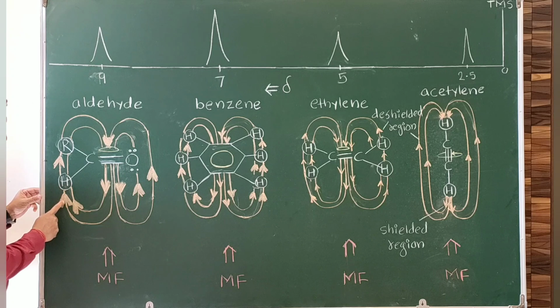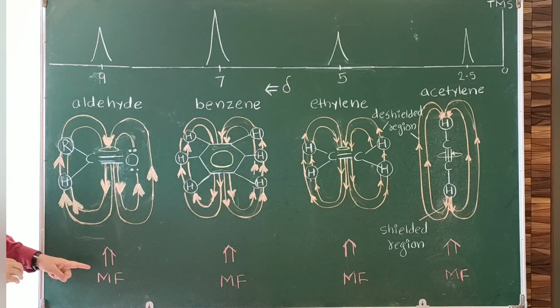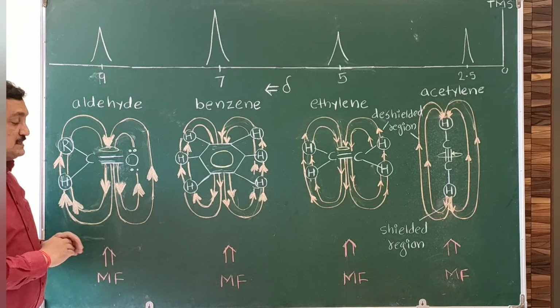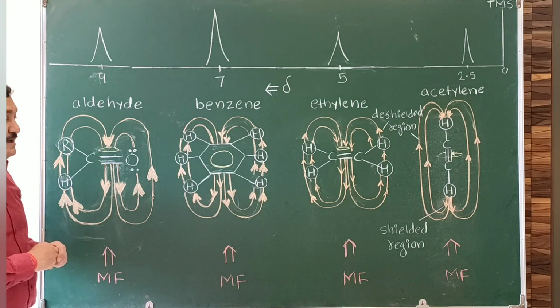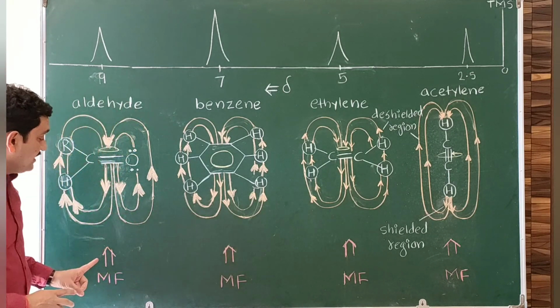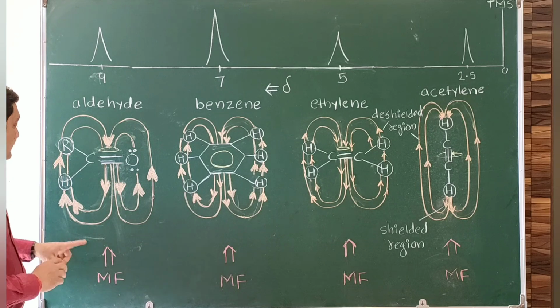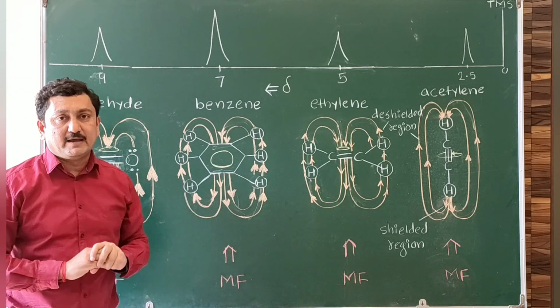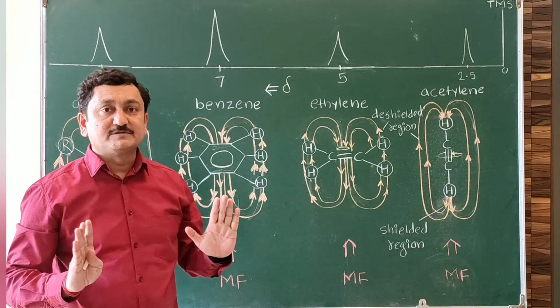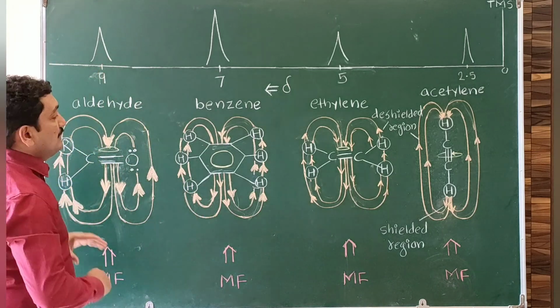Aldehydic hydrogen is present in the de-shielded region where the secondary field aligns with the external one. So less magnetic field we have to supply, compared to the others, meaning they will give the signal at higher delta value. Aldehydic hydrogen gives the signal between delta value 9 to 10.